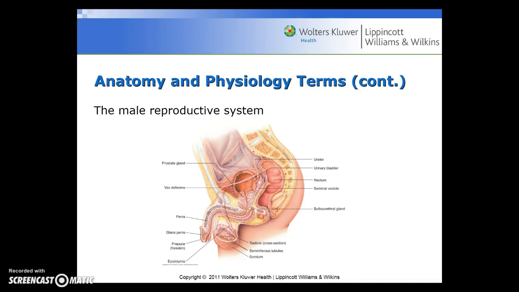So here we can see the prostate gland, the vas deferens, the penis, the glans penis, the prepuce or the foreskin, the epididymis, the testicles, the seminiferous tubules, the scrotum, the ureter, the urinary bladder, the rectum, the seminal vesicles, and the bulbourethral gland.